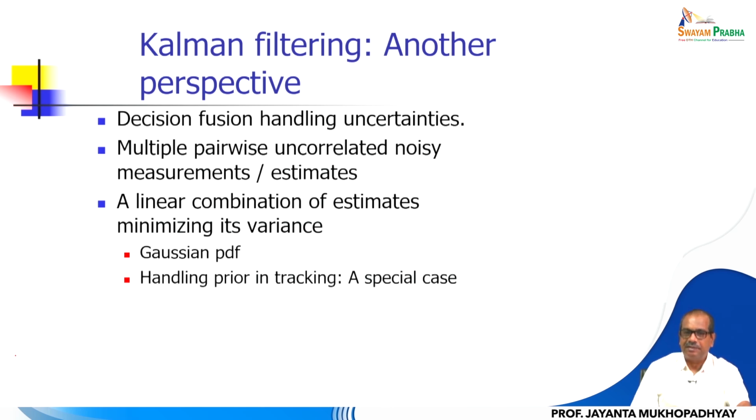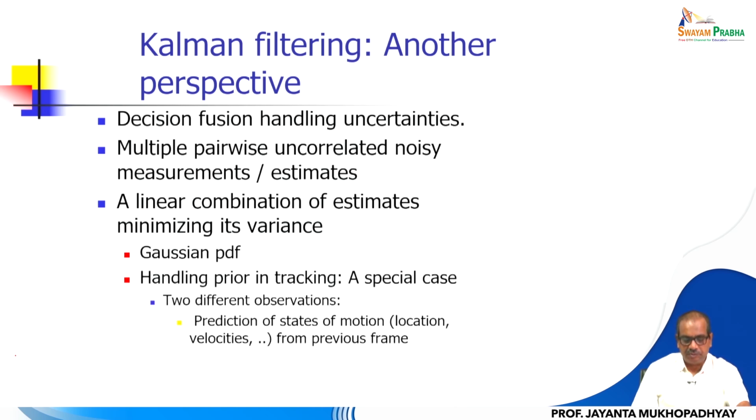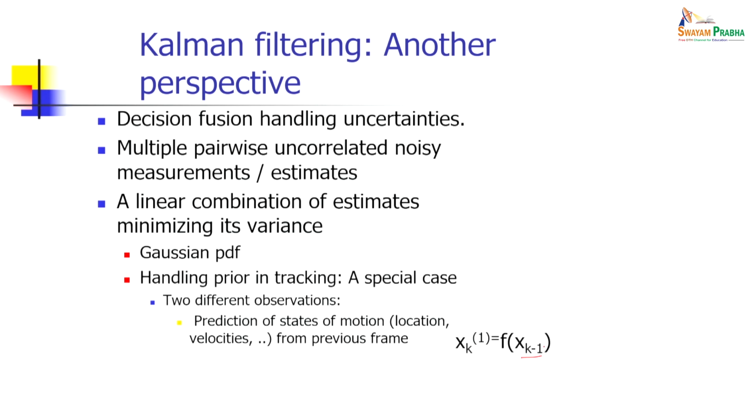So, it gives you the prior distributions of the position, and then you are observing where you are. So, two different observations. One is the prediction of states of motion from the previous frame, like this: x_k is given by f of x_{k-1} at the instant k minus 1. So, this is one kind of prediction, and we are not showing noise for brevity, and also the measurement in the current frame.